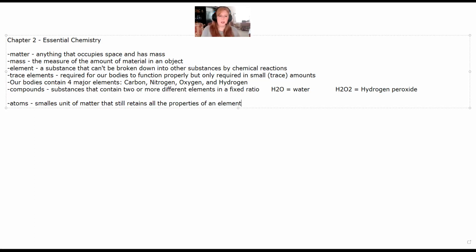Okay, so an atom is the smallest unit of matter that still has all of the characteristics of the element.